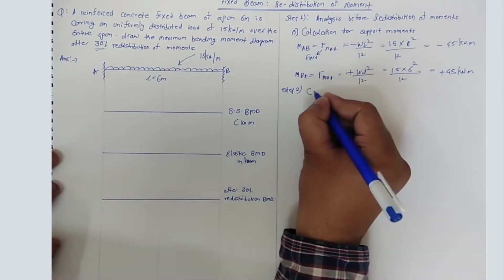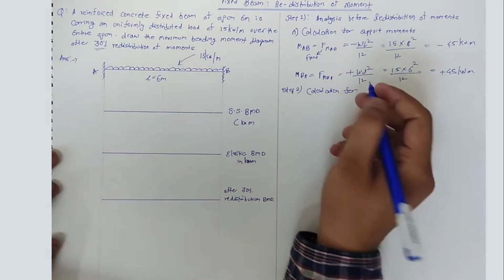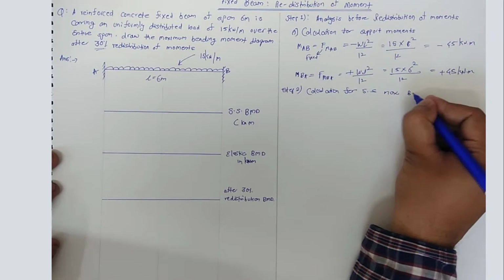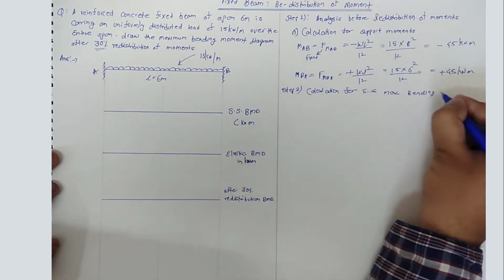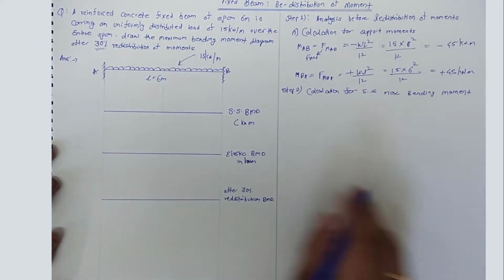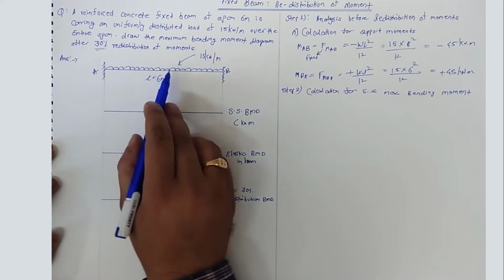Now step 2, calculation for simply supported maximum bending moment. As it is UDL, the maximum bending moment will be at the center.